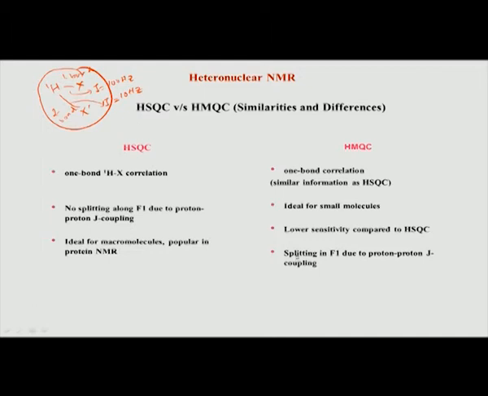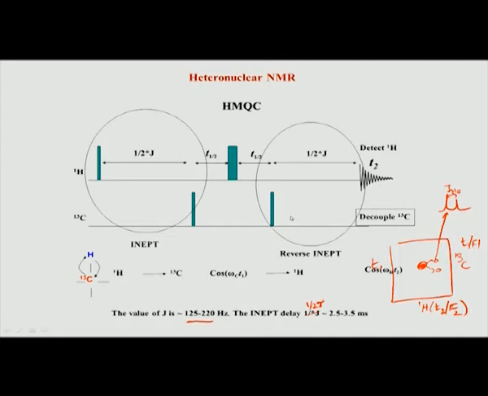And the second reason HMQC is preferred for small molecules is that it is a very simple experiment in terms of the number of pulses. In recent times there have been many experiments which exploit this to accelerate the time required to do an NMR experiment. There are some accelerated NMR approaches which we cannot go into in detail because it is a more research oriented topic, and they exploit features of HMQC which you cannot use in HSQC.